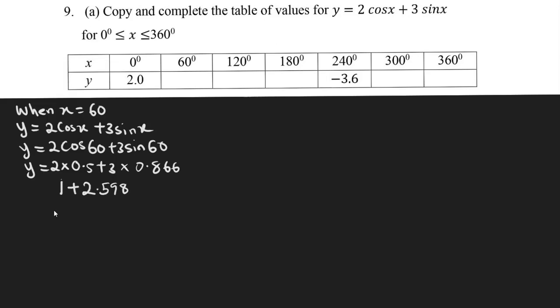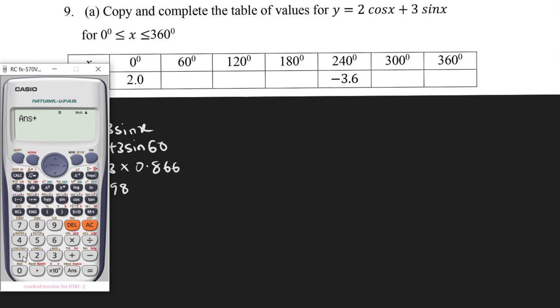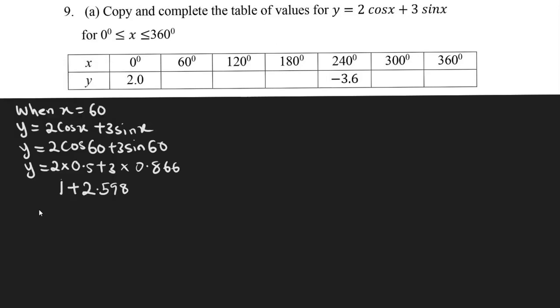If you add 2.598 plus 1, we're going to have 3.598. In one decimal place, it's going to be 3.6. So our y is equal to 3.6, and we put 3.6 here.